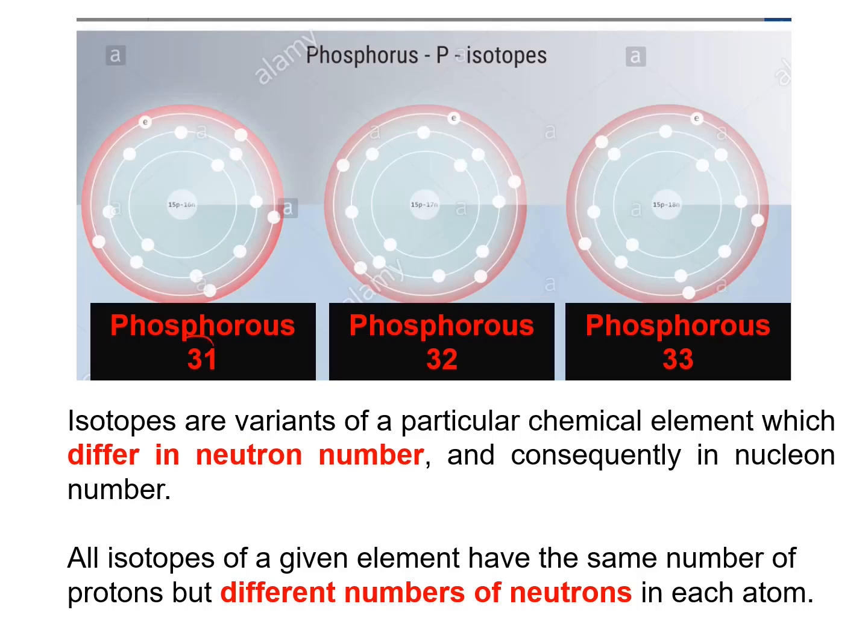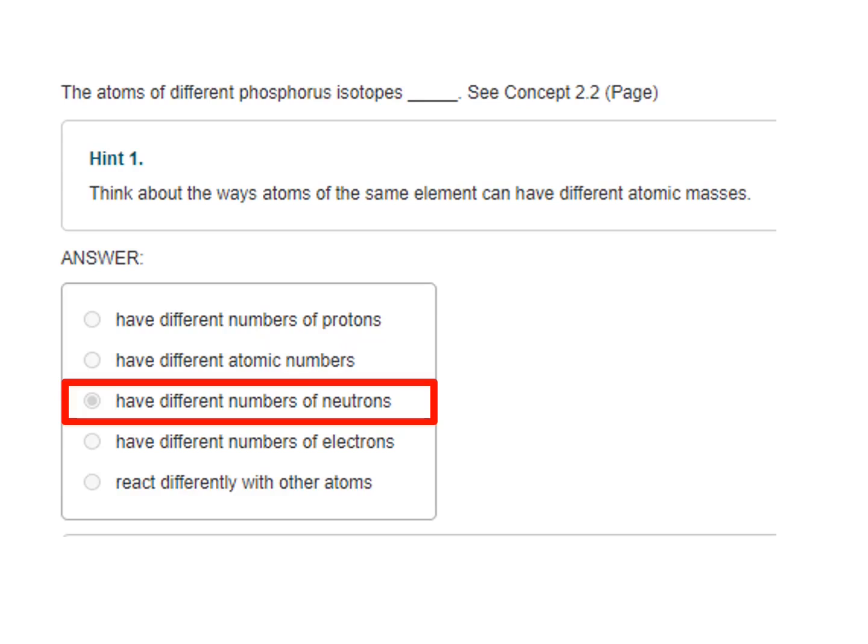So you can have 31, 32, 33, and the phosphorus can change because there is a small change in the number of neutrons. So very easy, the atoms of different phosphorus isotopes have different numbers of neutrons. You didn't need to know how many electrons, you didn't need to know all the information, just knowing what is an isotope, it was very easy.